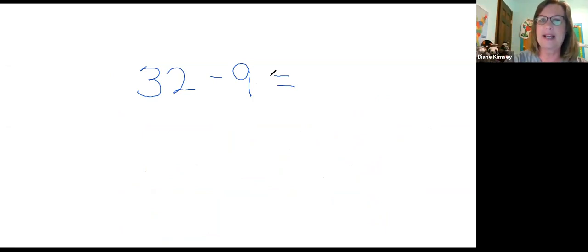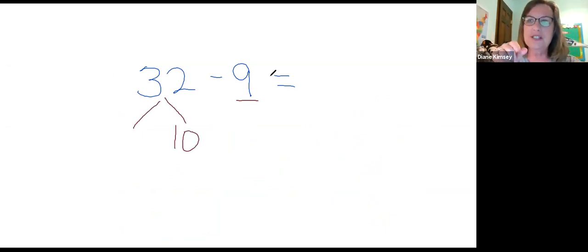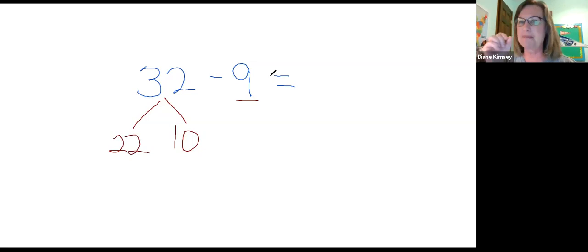I'm looking at that 9. That 9 is in the 1's place value. So therefore, I need to take away from the 10's place value. I need to take it away from 10. So I'm going to come over here, and I'm going to turn this into a 10. Well, 32, and if I take 10 from it, that means I have 22 left over. And the kids have become excellent at doing this by now, all right?